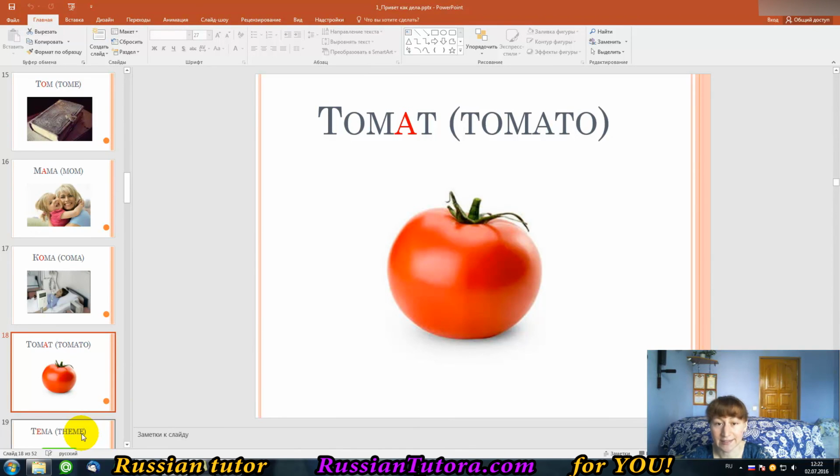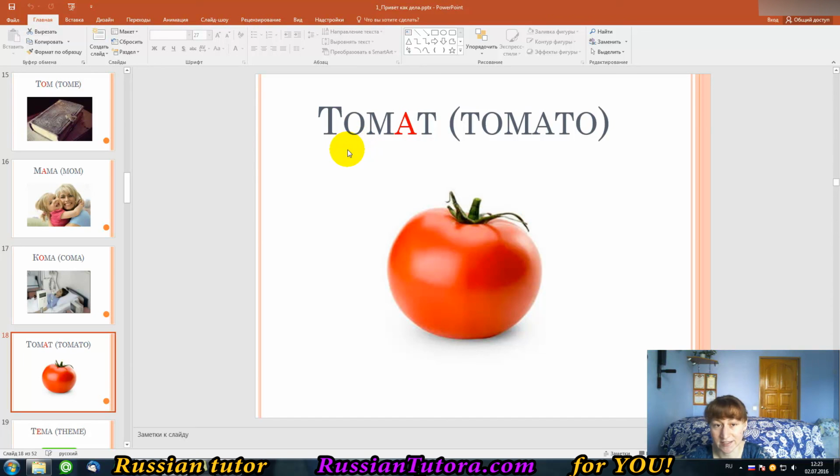Томат. I want you to draw your attention to the pronunciation of this word. So you may ask, why isn't it tomat? The thing is, when O isn't stressed, it gets reduced and it reminds a little bit of A. So it becomes kind of a short A. Here, A is stressed, so O is not stressed.